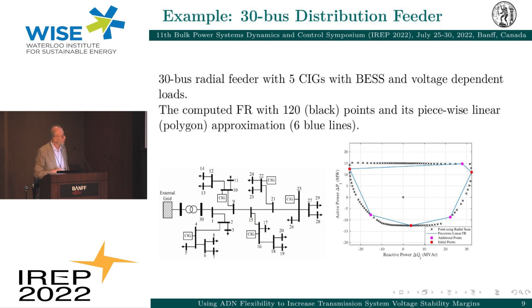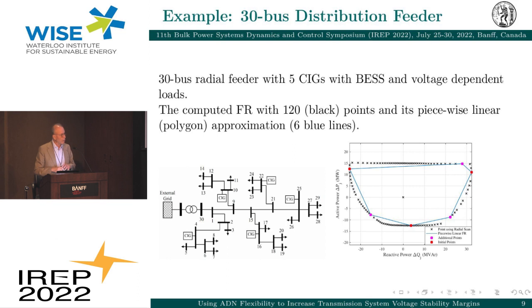And then what we do, this is for a general network. By the way, it's 30 bus. We've taken from a paper by Petros Aristidou. And we have 5 converter interface generators. And in this case, we assume that we have also battery energy storage.